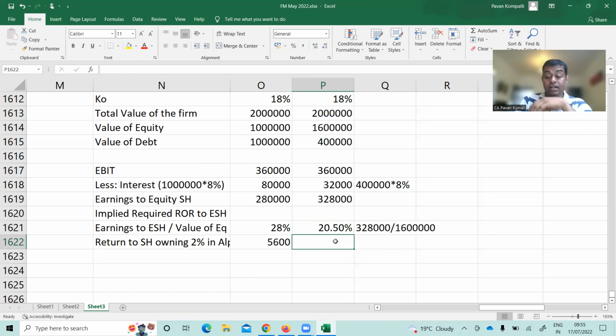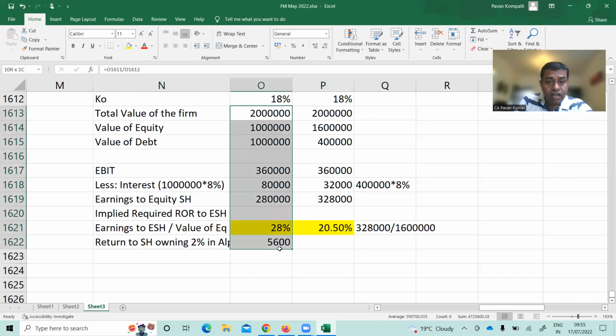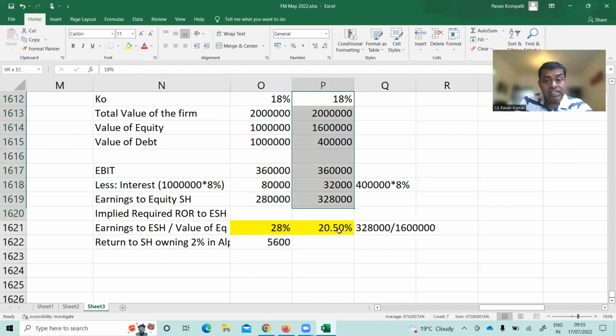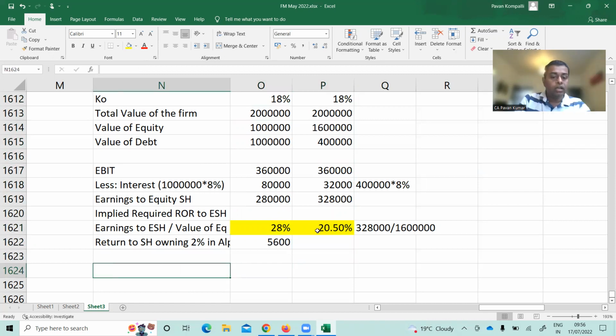Why is there a difference between these two? So, my dear friends, this is the answer for A. This is the answer for B1. And in B2, they are asking why? This is 28% and this is 20.5% only. Now, look here, analysis and conclusion.